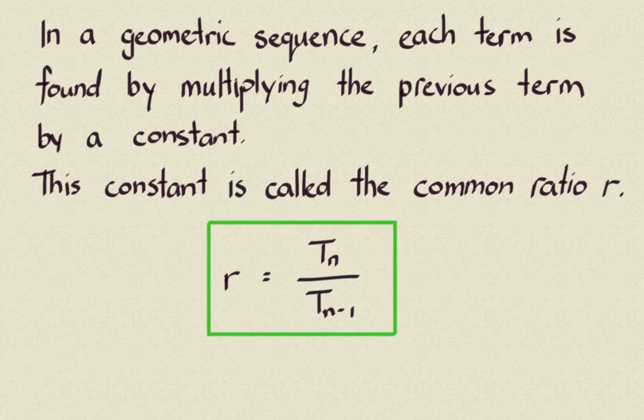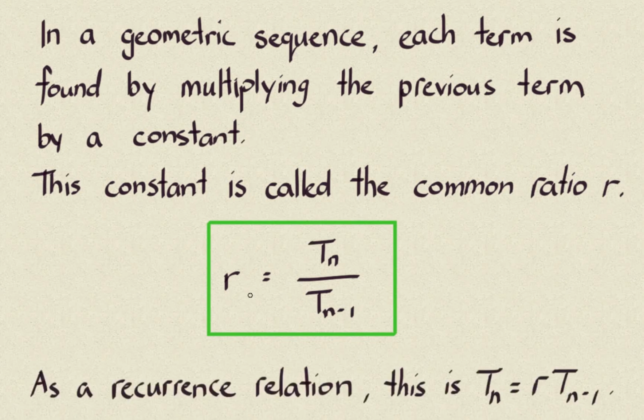And like we did previously when we were looking at arithmetic sequences, if we wanted to create a recurrence relation, we could rearrange this formula, multiplying both sides by Tn minus 1, and we see that any nth term is equal to r, the common ratio, times the previous term.